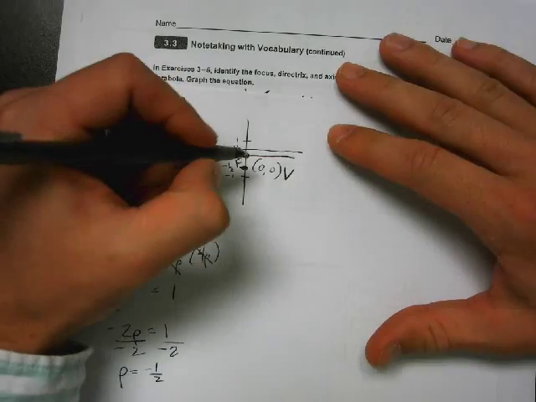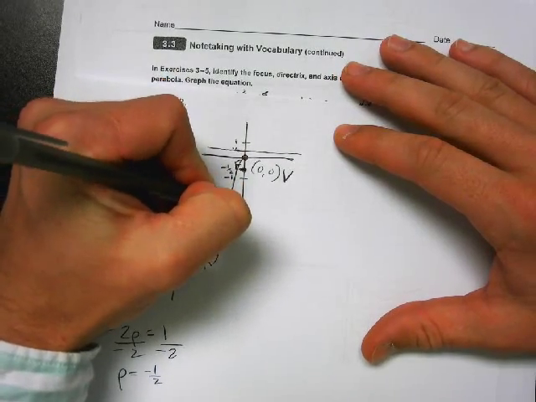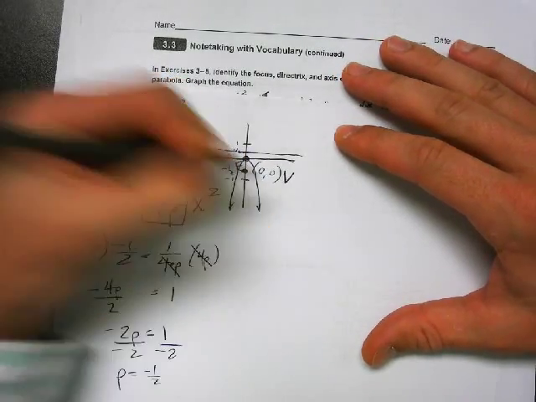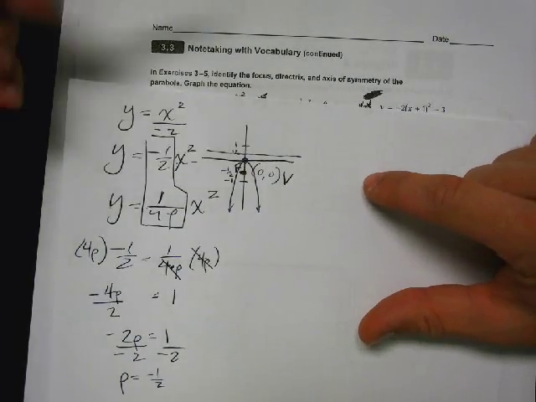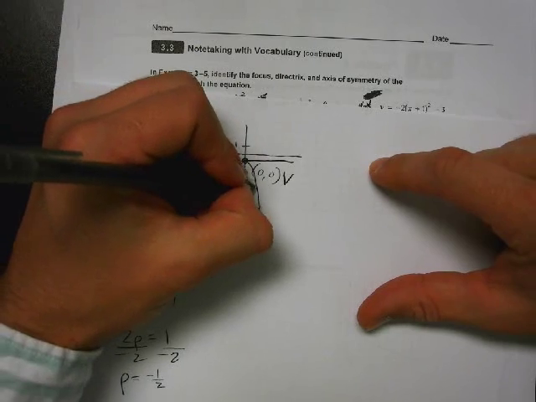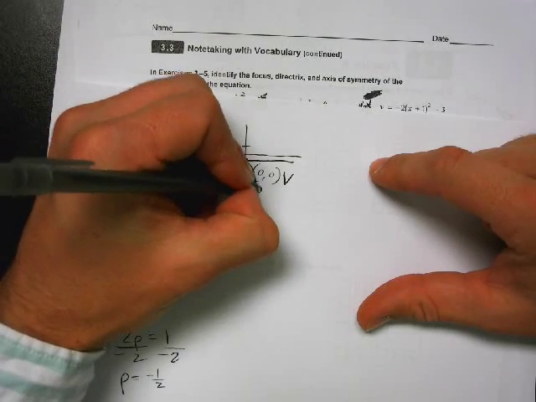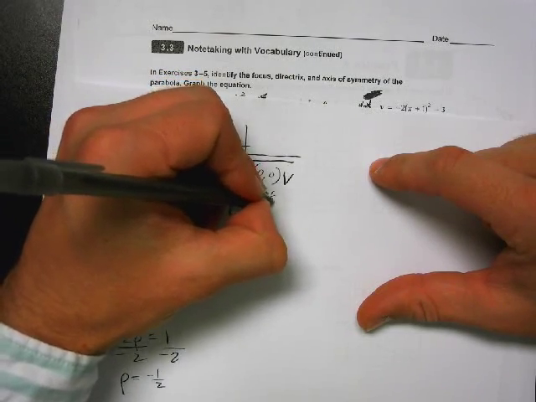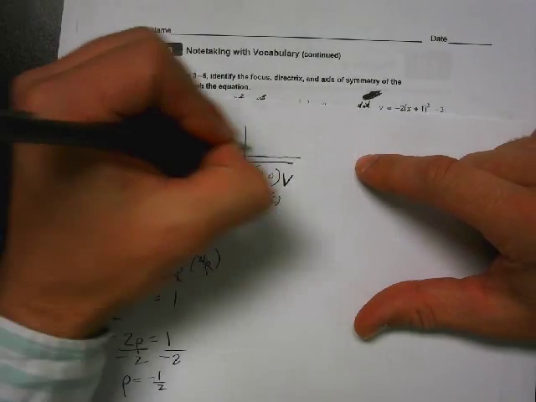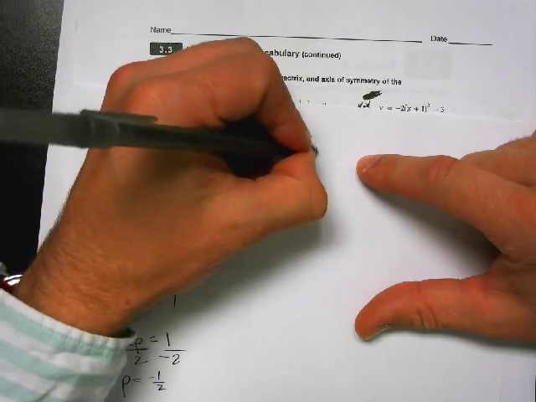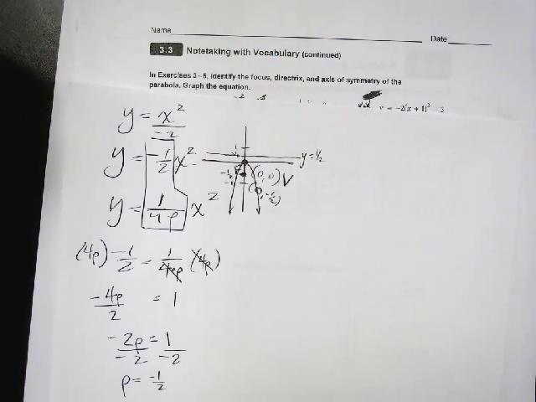If my focus is down here, I know that my focus is actually inside of my parabola. So it's going to look something like that. There's the focus. It's at 0 when x is 0, and then negative 1/2 on the y side. My directrix is going to be right up here at y equals positive 1/2.